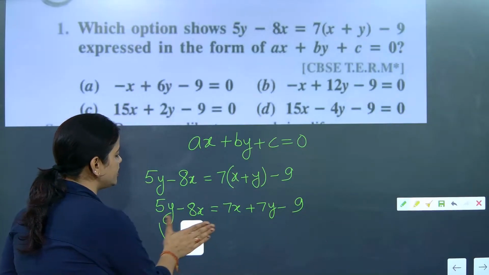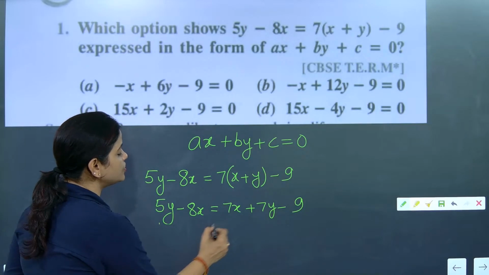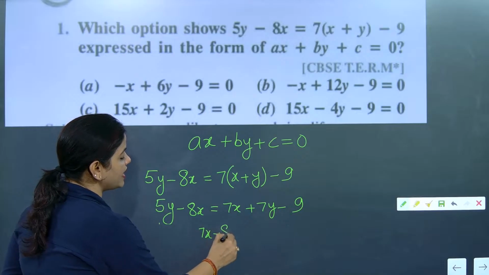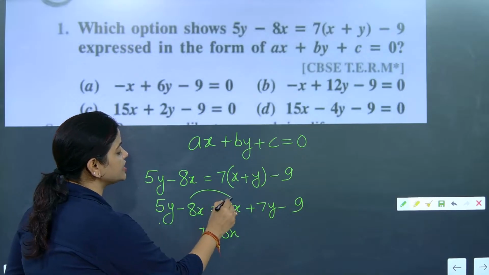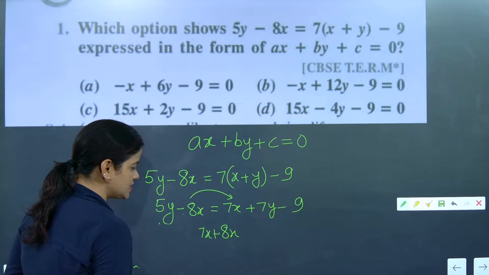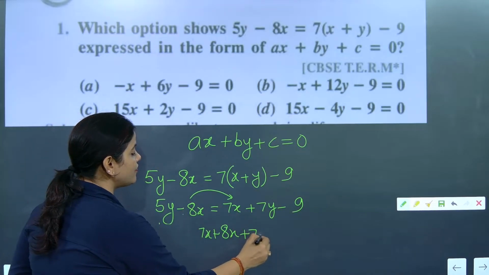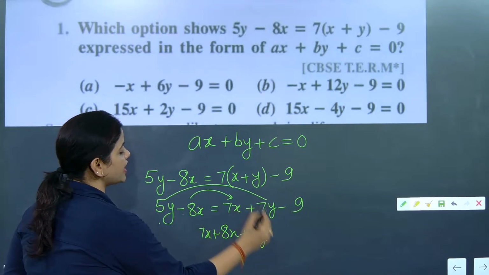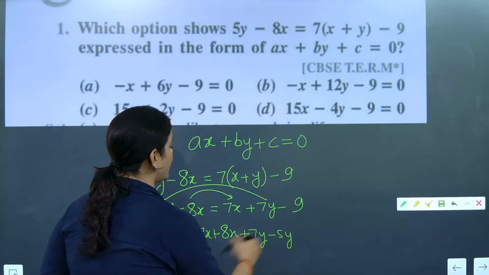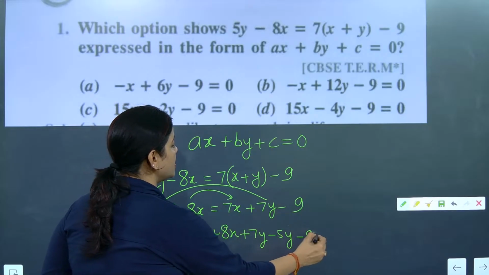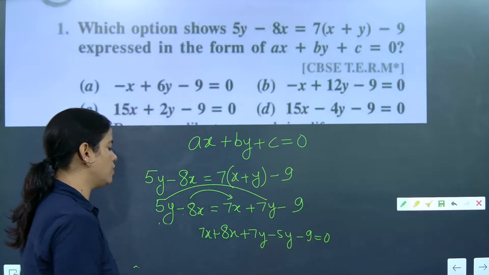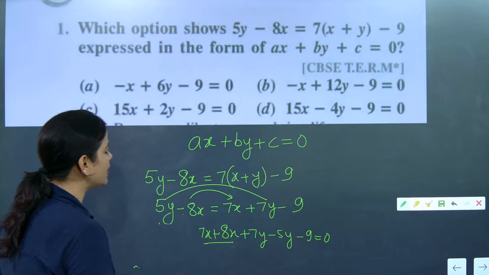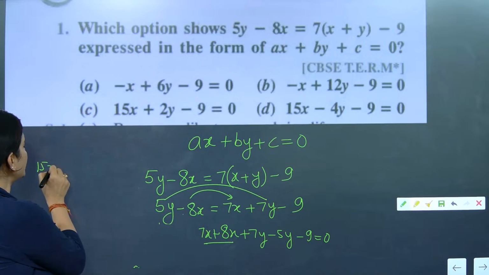Let's see what the answer is. You can see the answer in the options now. So I am shifting: 7x minus 8x, because 8x shifted there, it will become plus. Now here plus 7y, shifting this side, will become minus 5y, and then minus 9 equal to 0. So 7x plus 8x will become how much? 15x.